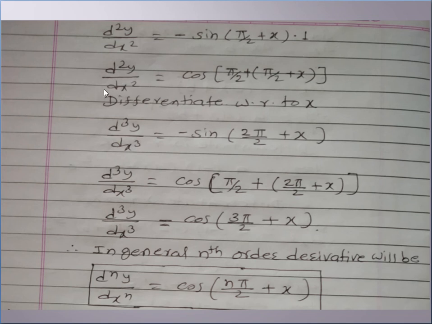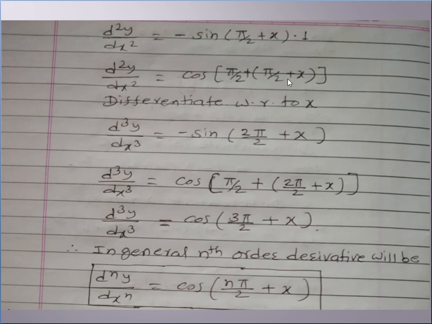Here also we use the allied angle formula. Minus sin of (pi by 2 plus x) is equal to cos of (pi by 2 plus pi by 2 plus x). Therefore, d square y upon dx square is equal to cos of (pi by 2 plus (pi by 2 plus x)).